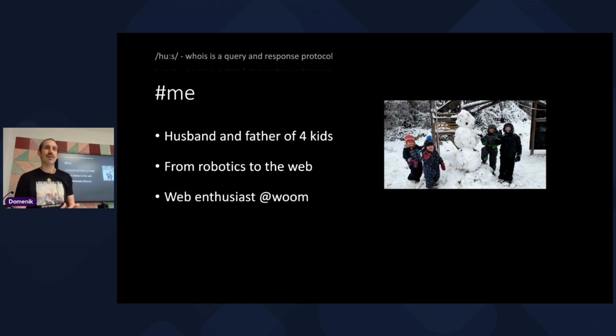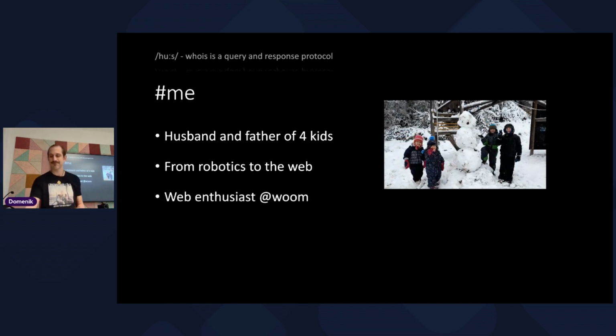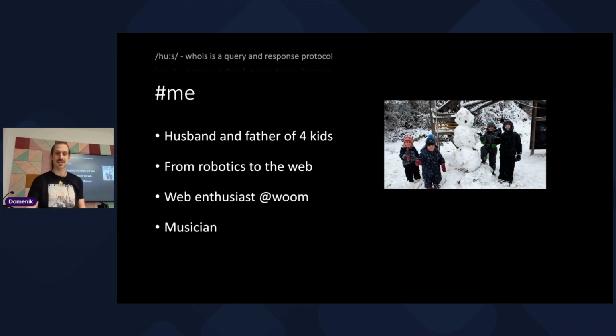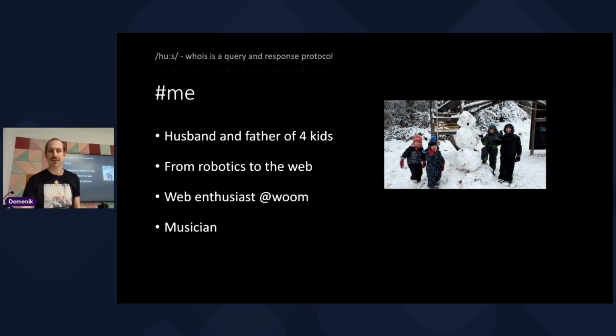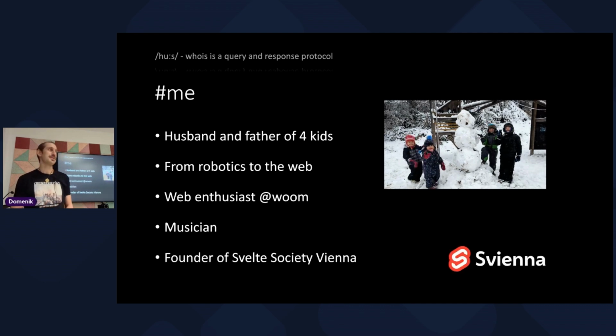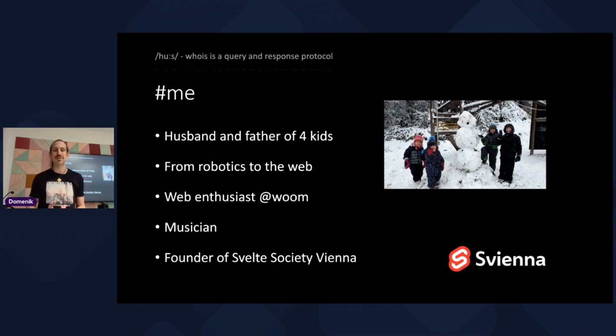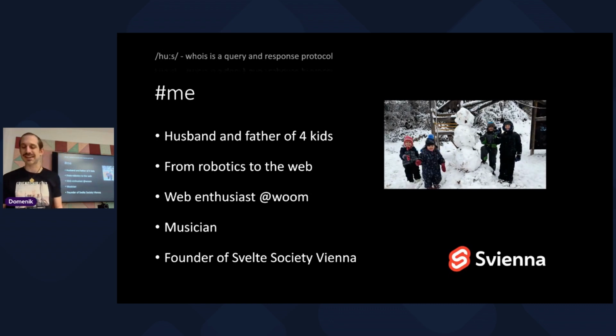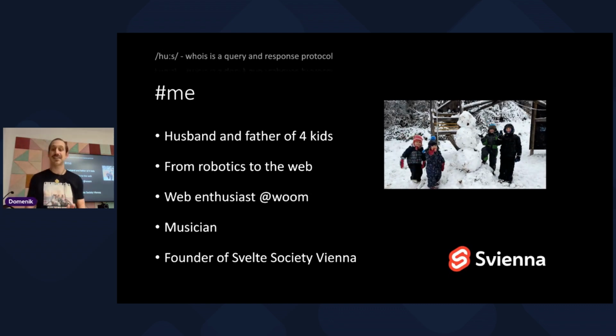I'm currently a web enthusiast at WOM. I'm also a musician, because having 4 kids and a full-time job is not enough. And because this is not enough, I'm also one of the founders of Svelte Society Vienna, or short Vienna, which we're at the moment.